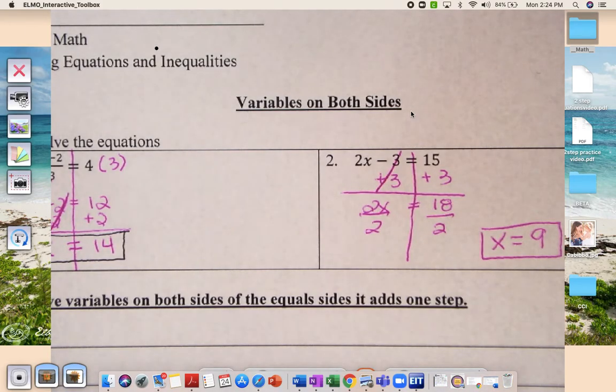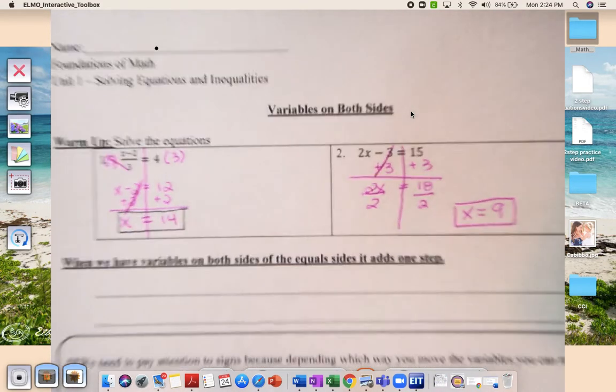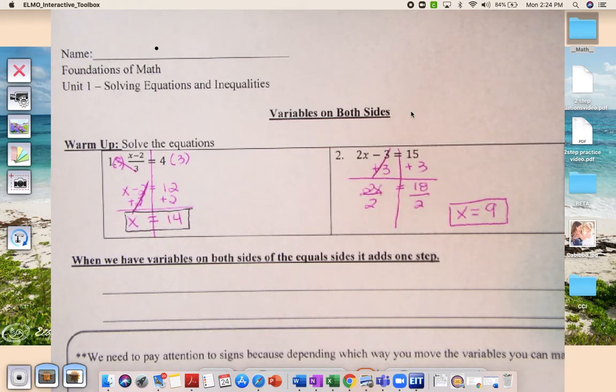So what you notice in these problems so far is that the variables are always on the same side of the equal sign. In our two warm-ups, we only had one variable. So when we have variables on both sides of the equal sign, it adds one step.